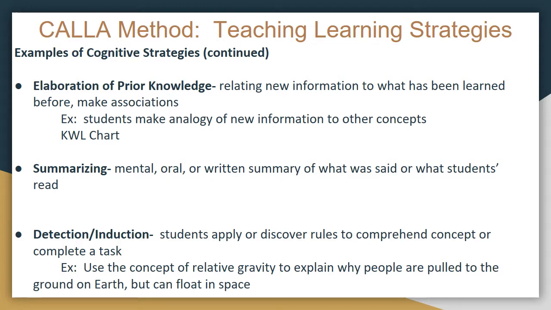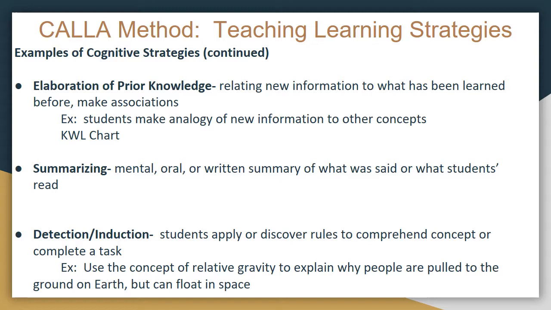It's important to teach students the cognitive strategy of detection and induction. And this way, students are trying to learn the rules, so they develop their own rules or they follow the rules that the teacher has given them and they apply them to a new context or a new task. So an example might be you could teach the students the rule of gravity and the concept of how gravity is a force that moves people to the larger object.